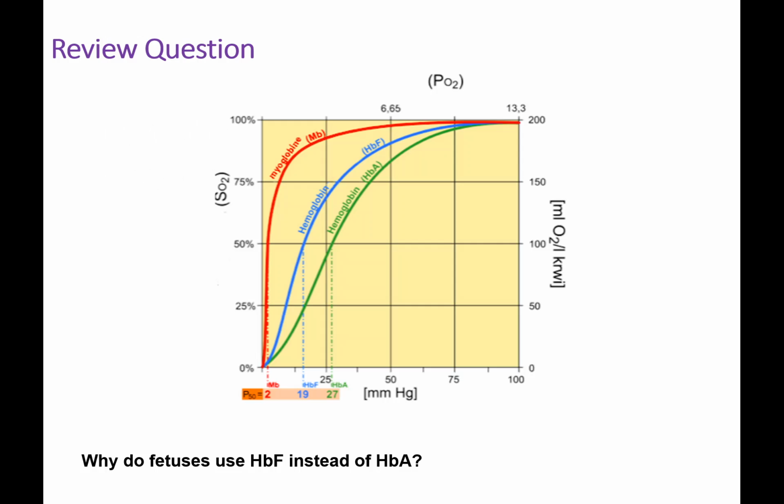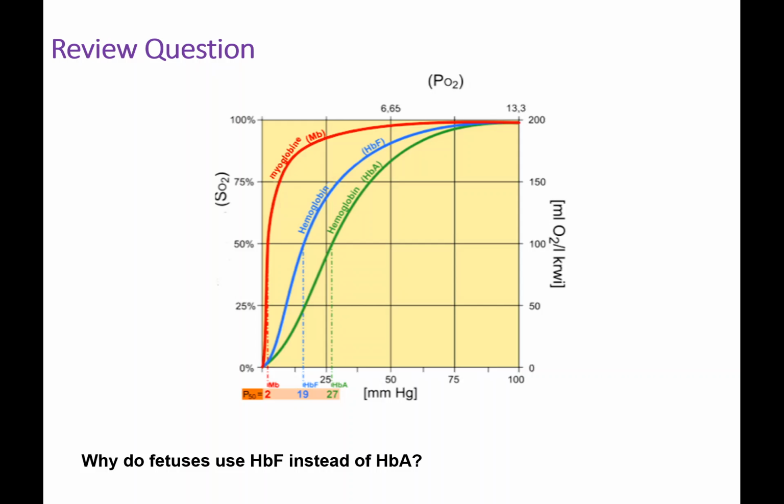Okay. Before we start that, I'd just like to come up with a review question here about hemoglobin, which was the subject of our last lecture. If we look at this chart, it shows in red myoglobin. This is an oxygen binding chart.